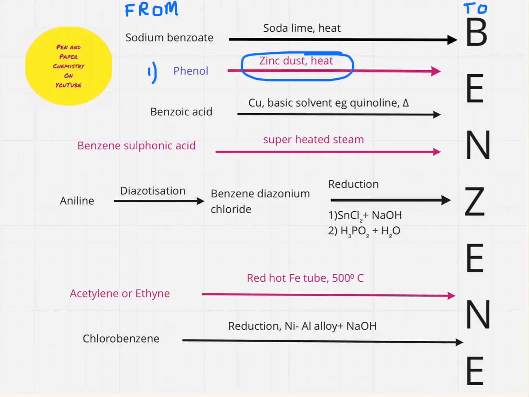You got a conversion where you have to convert aniline to benzene. Question could also be, what is the product of reduction of benzene diazonium chloride? Again, you know that it is benzene. So conversion of an aliphatic to an aromatic compound, you know, acetylene to benzene. So with the help of this flow chart, you are able to answer a number of questions.